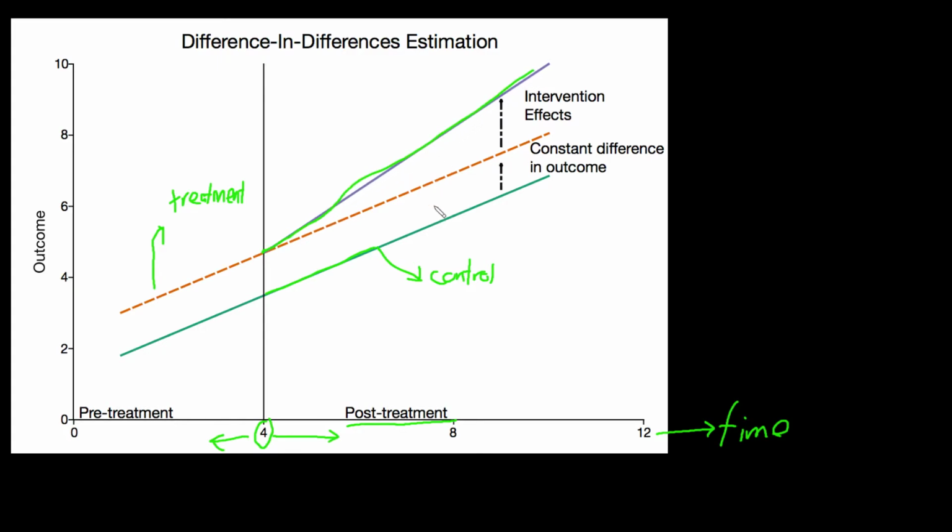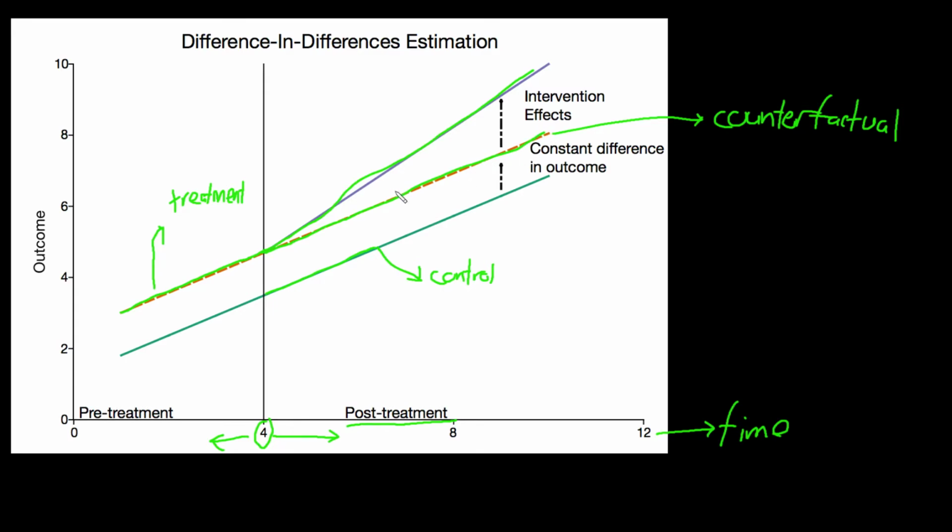So what is this dotted orange line? This is what we call the counterfactual. Long word. I really gotta get a tablet for this stuff, hey? Okay, yeah, so that's the counterfactual. Now, the counterfactual is assuming that this trend from before the treatment is constant, and the line just keeps going like this.